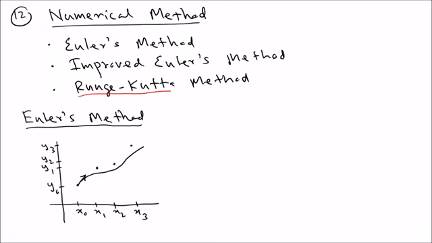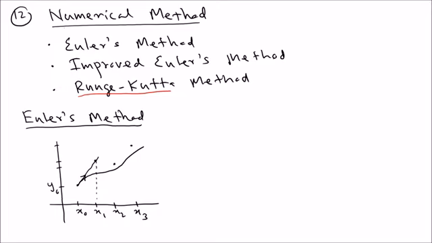Actually the first one is not exactly correct. When you draw the tangent line, let's extend the tangent line. This is what you get. So your first value is right here. That's the first approximation.